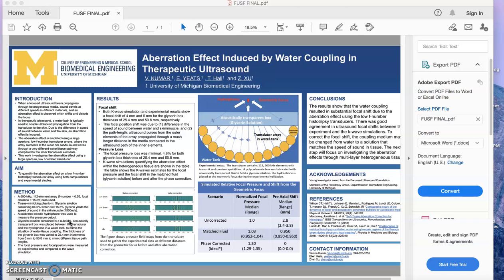So the aim of this study was to quantify the aberration effect on a low F number histotripsy transducer array with both computational and experimental validation.